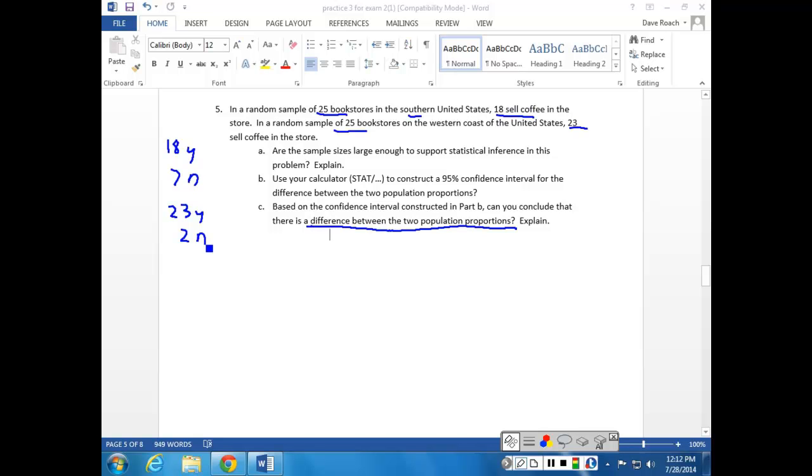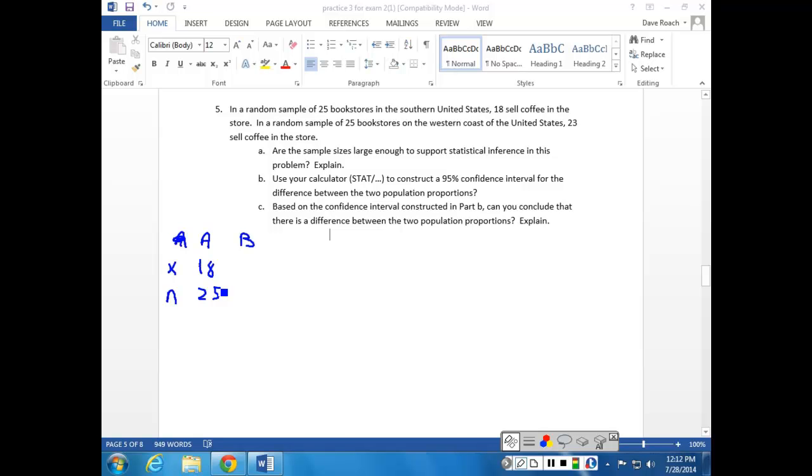let me reorganize what I have up here. And say that what I have is group A and group B, and that in the first group, X, the number of yeses, was 18, and that's out of 25.